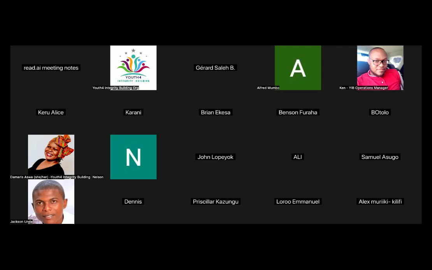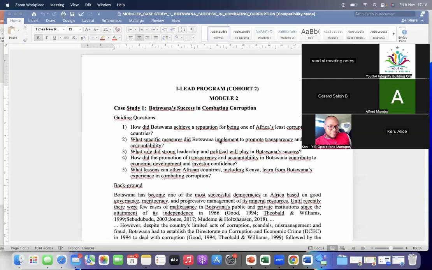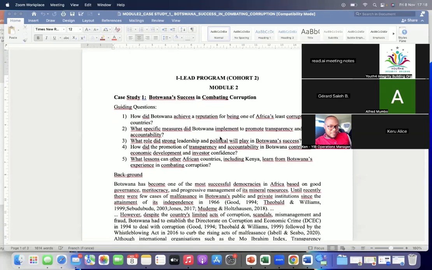It's always among the 3 best countries in Africa. So I will ask you to make some research and learn a bit more about Botswana in order to know how you can also learn from their experience and improve your working experience in Kenya.